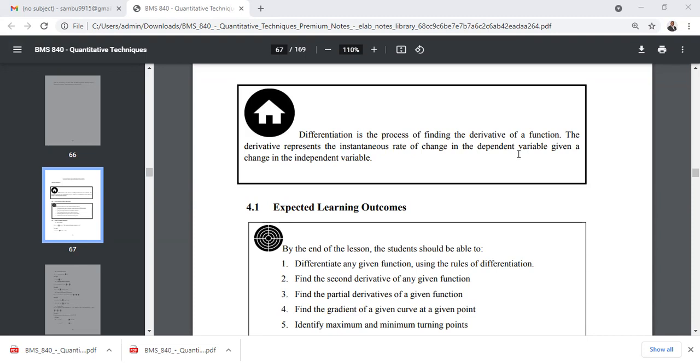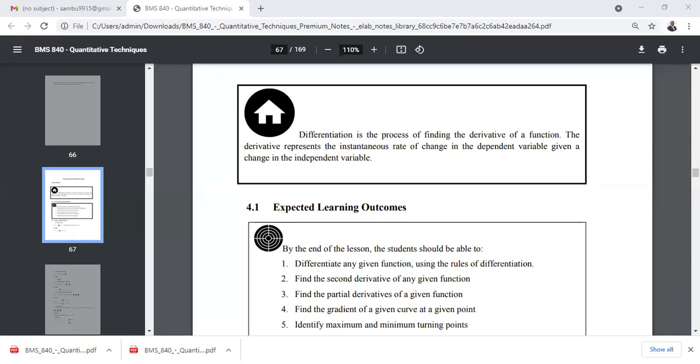So our functions will still be in the form of y is equal to a function of x. At some point, when we introduce the product rule and the quotient rule, we'll introduce u and v. But for now, y is a function of x.